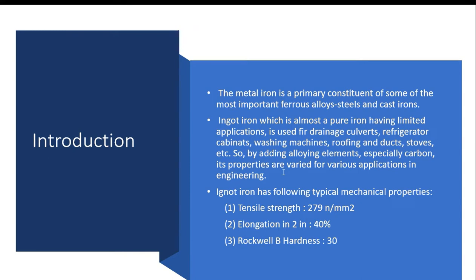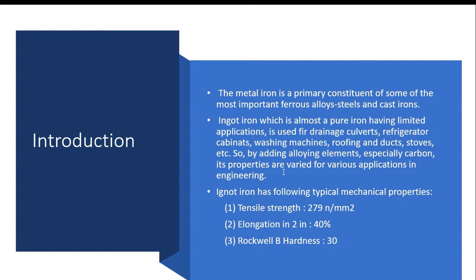Ingot iron is almost pure iron. In previous ages they used this pure iron. They had those sources, melted it, and used it to build items. For example, in the past they had pure iron chassis inside vehicles.